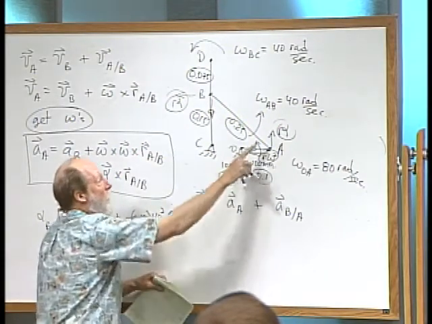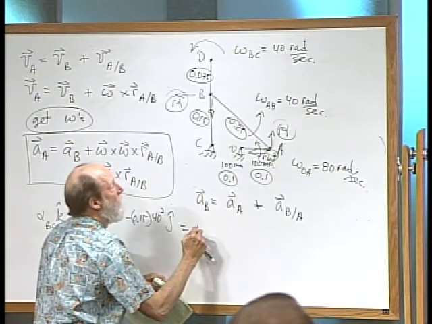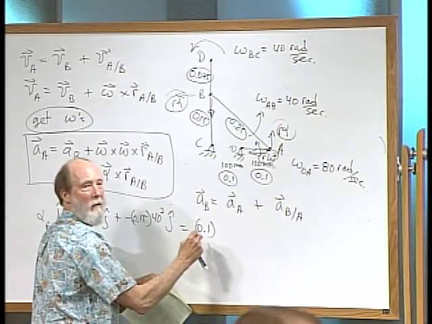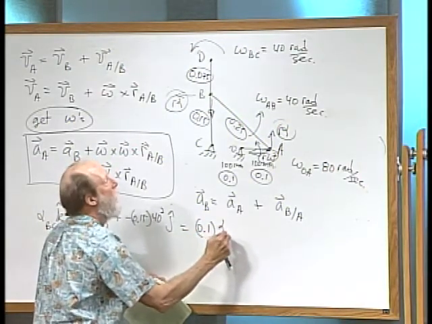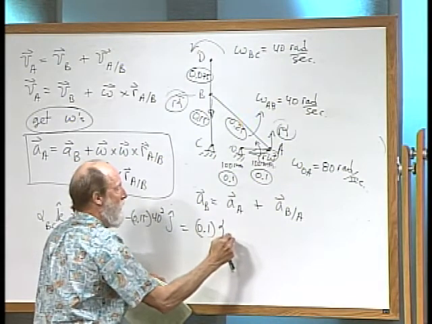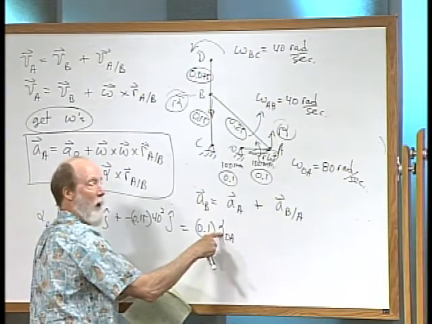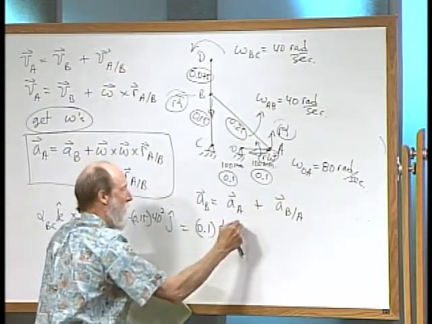So what I'm going to do is simply write R of OA, which actually happens to be a length of 0.1, times an unknown alpha of member OA. And that acceleration, R alpha, has to be pointing upward, j.